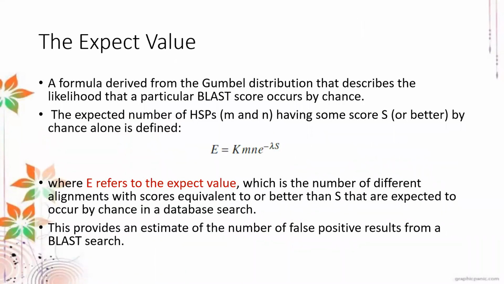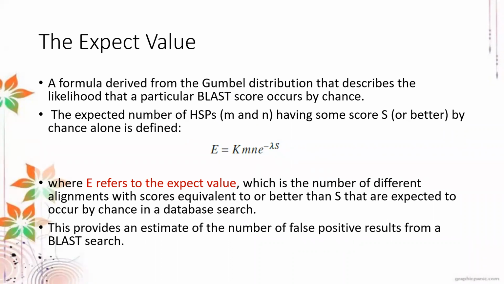So what is the expect value then? From the Gumbel distribution, we can derive a value for the expect value. The expect value describes the likelihood that a particular BLAST score occurs by chance. Basically, you don't want your highest scoring result, for instance, to be just a chance alignment.